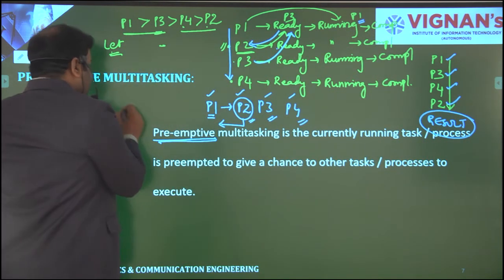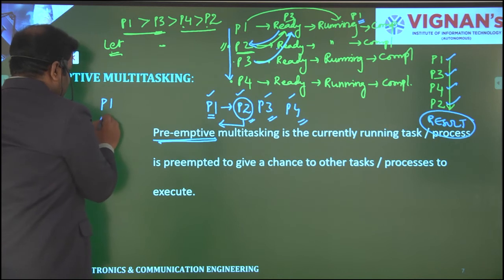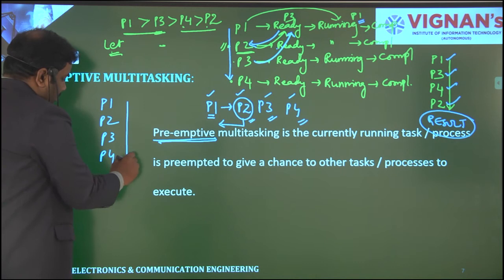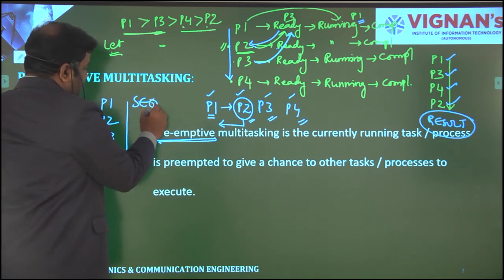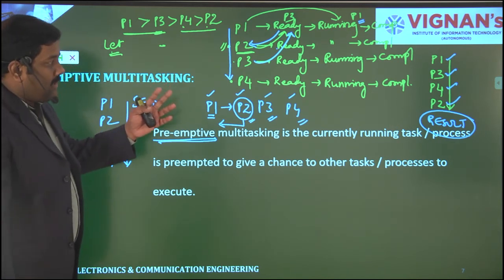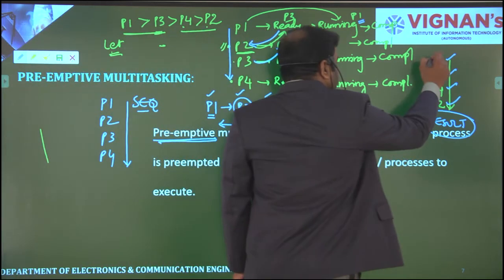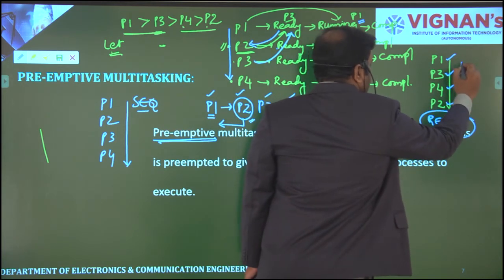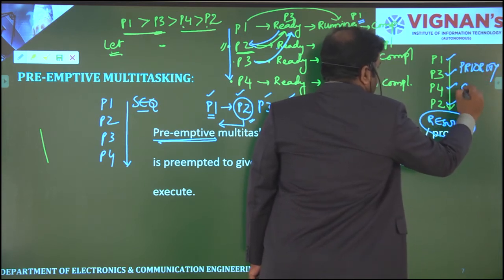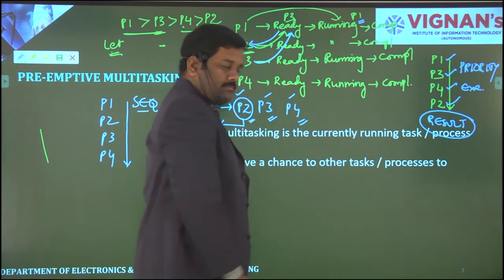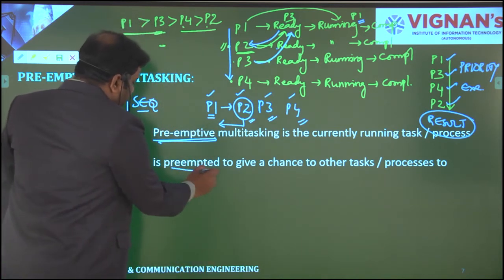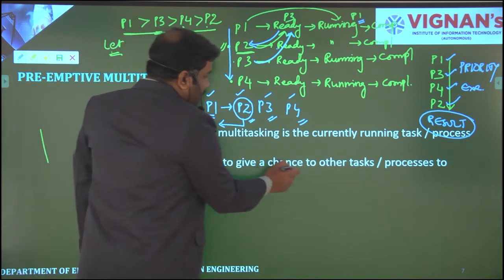If the statements are executing like P1, P2, P3 and P4 in the same order, that is known as sequential execution. Or if it is going to execute 1, 3, 4, 2, or whatever it is, that is priority basis execution. So in preemptive multitasking, the currently running task or process is preempted, meaning it returns back to give a chance to another task.